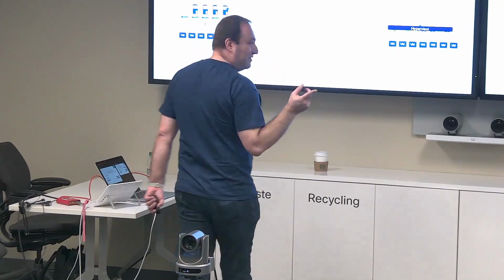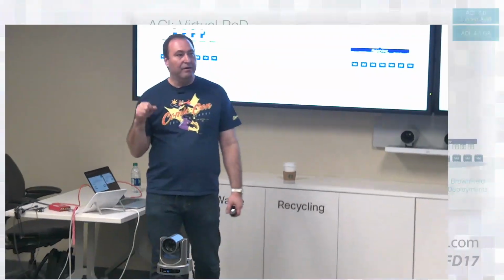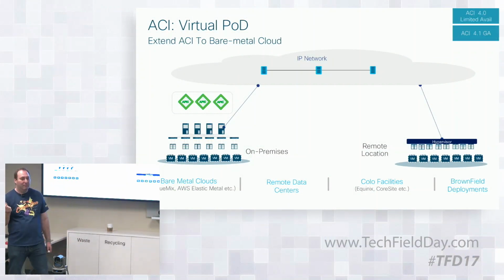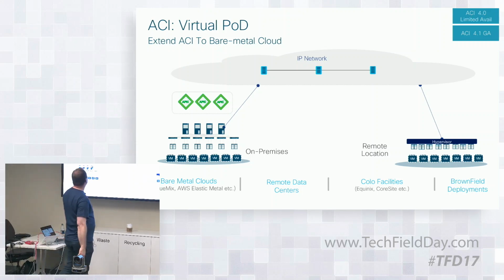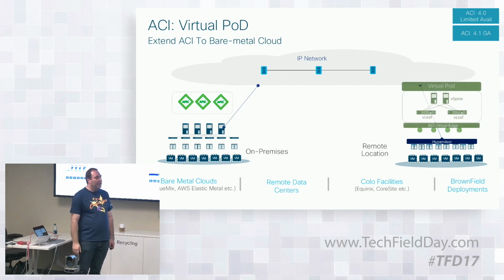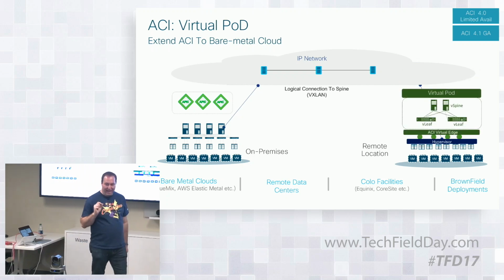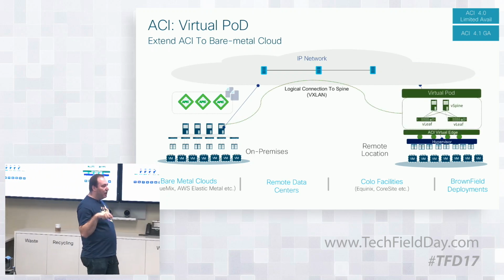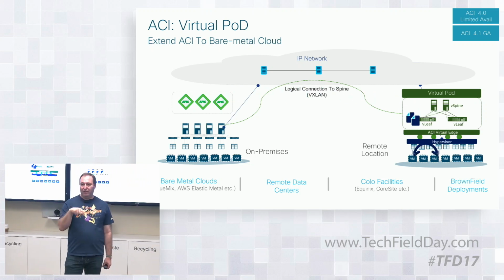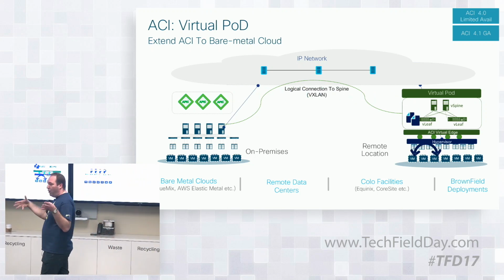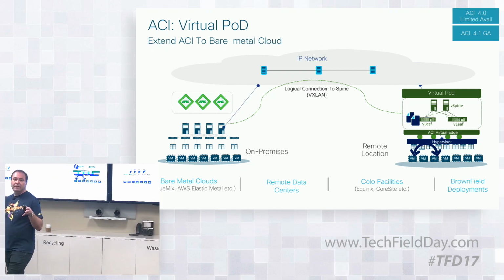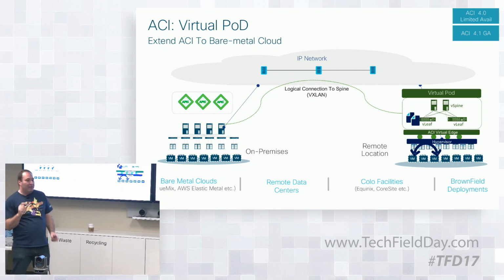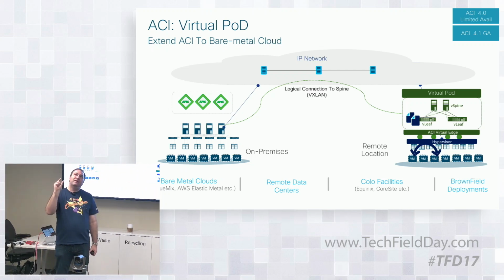So now, coming to the things that you guys were asking earlier, in 4.0, which is coming soon, we're going to have limited availability on something that we call the Virtual Pod or vPOD. So vPOD's a little bit of a different animal. It's also meant for bare metal clouds and colo locations where you own your hypervisor. But in this case, we take the spine and the leaf from ACI and we turn it into software.